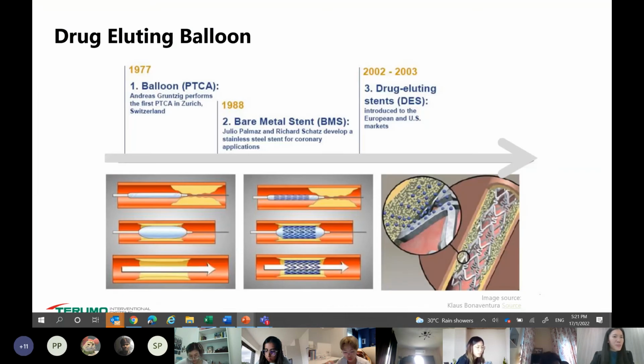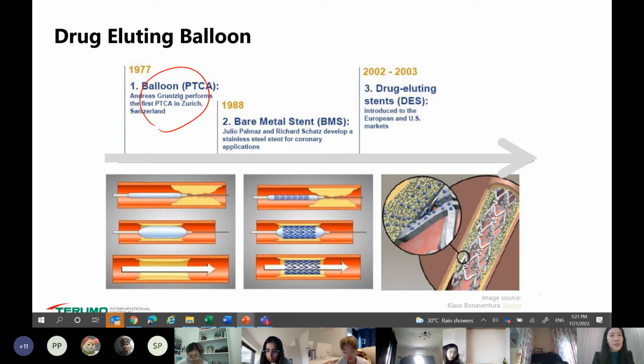So just a very short history again about our treatment procedures. Initially balloon was used, and I mentioned how balloon is not very effective because the lesion doesn't stay open for very long. The patient will come back again saying that they have heart pain and they need another procedure.